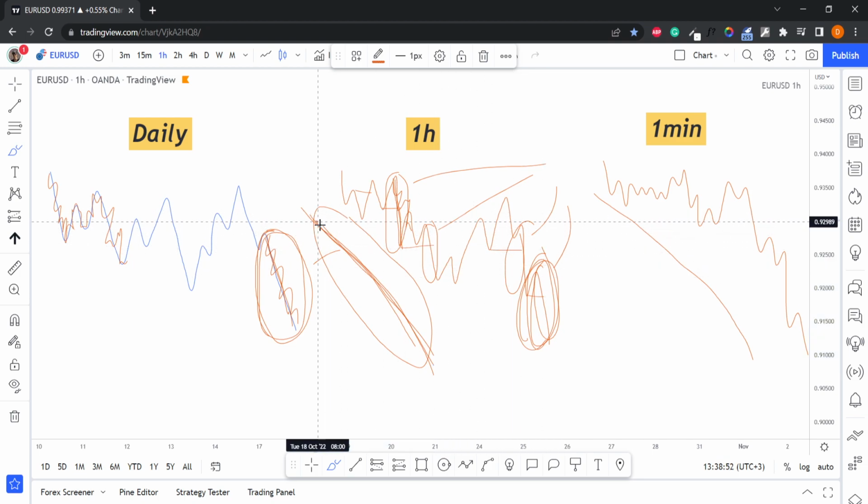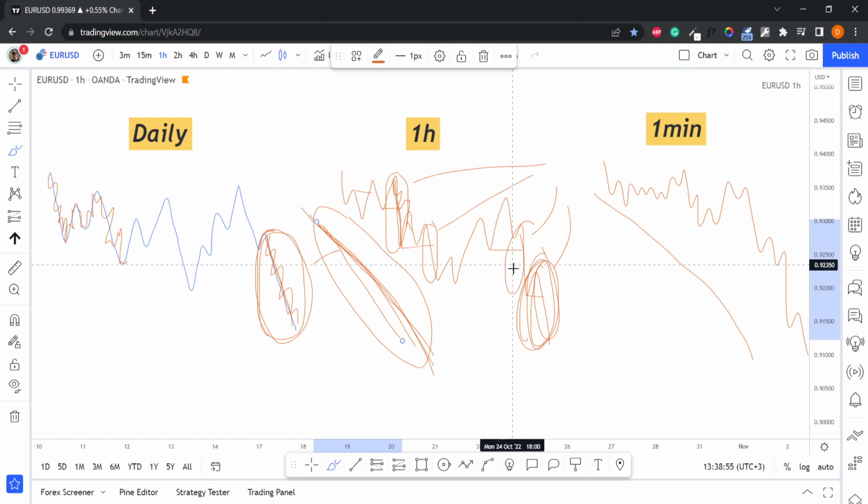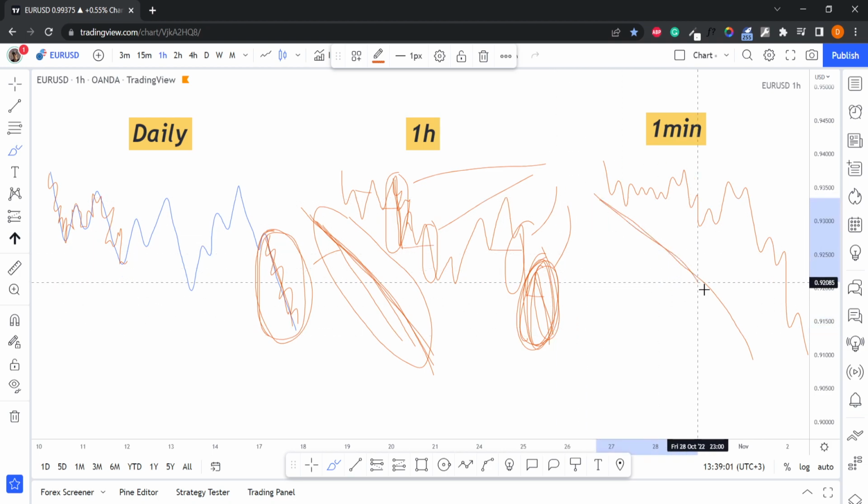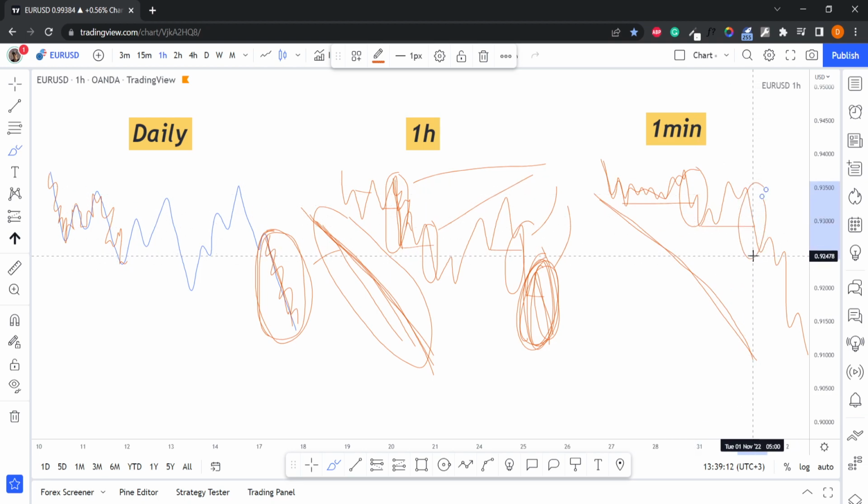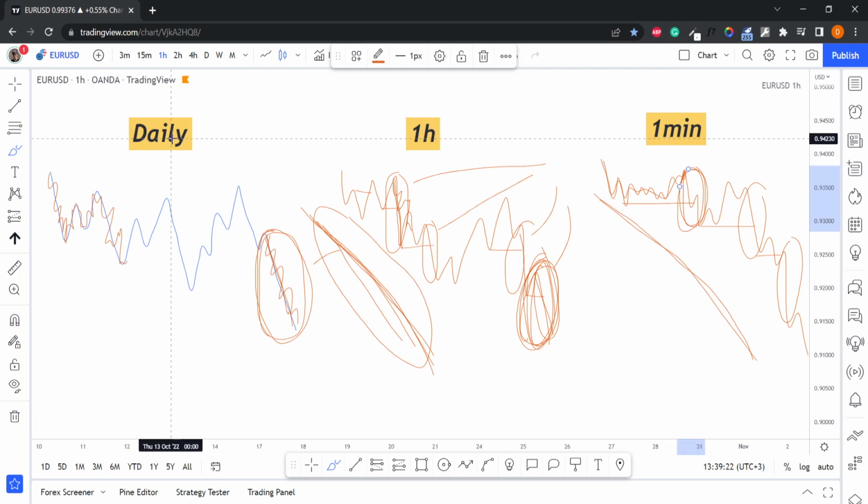And then we arrived at this point on 1 hour. We look inside on 1 minute. So we have a push. So this is 1 hour push. But on 1 minute we are having something like this. And then again we have a shift back bearish, a shift back bearish, a shift back bearish. So in these periods of time we will actually have 1 minute bearish, 1 hour bearish, and daily bearish.